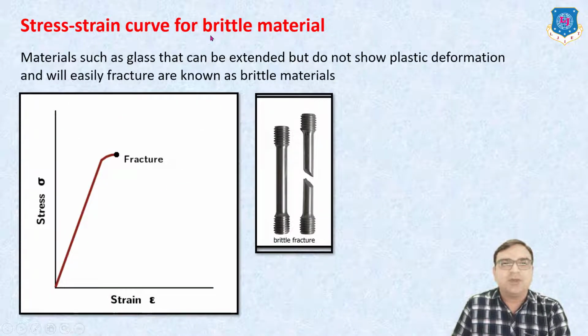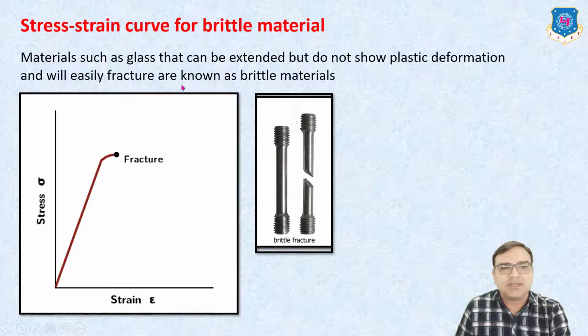Stress strain curve for brittle material. In brittle material, there is no plasticity. Materials such as glass that can be extended but do not show plastic deformation, and will easily fracture, are known as brittle materials.